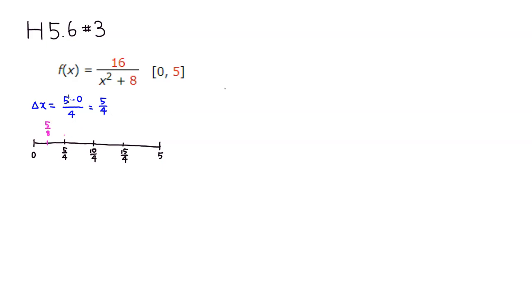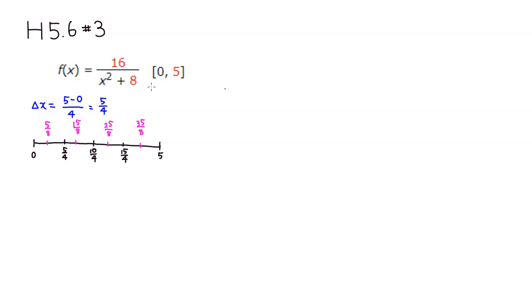So I'm going to keep adding 10 over 8. You're going to have 15 over 8, then 25 over 8, and then of course 35 over 8.